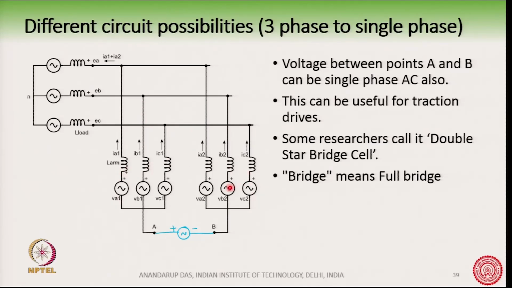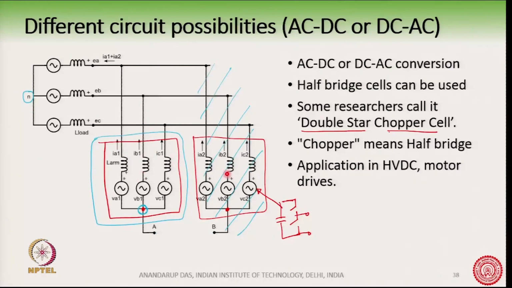Therefore, some researchers call it double star bridge cell. Because there are double stars, one star and a second star, and we are using full bridges, they call it double star bridge cell. The earlier one, where we had used only half bridges, was called double star chopper cell.